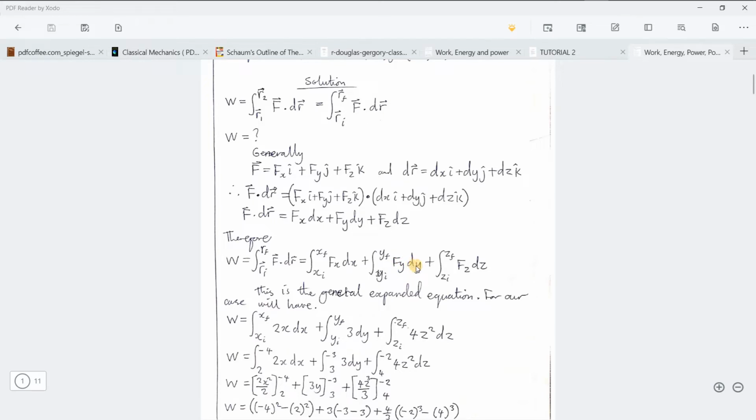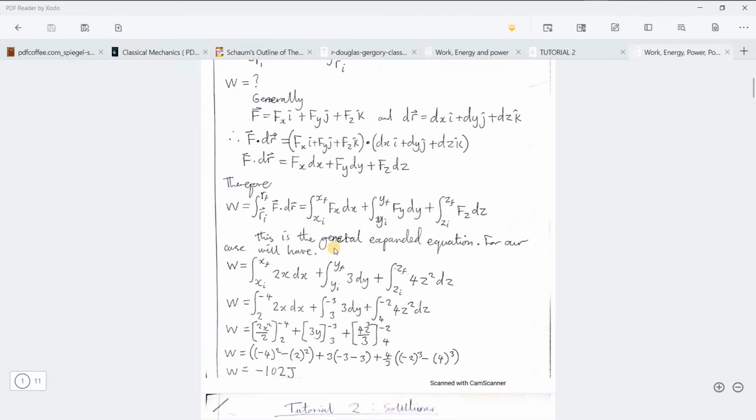Because it's with respect to y, as you can see from the dy, our limits also go from yi to y final. Plus the integral of fz dz, running from z initial to z final. So this is the general expanded equation.